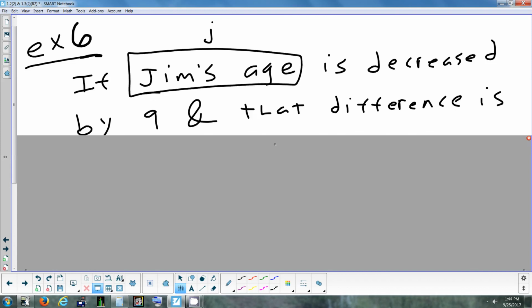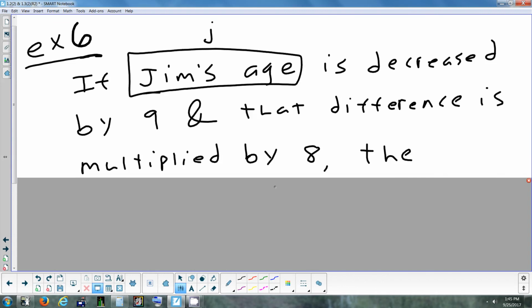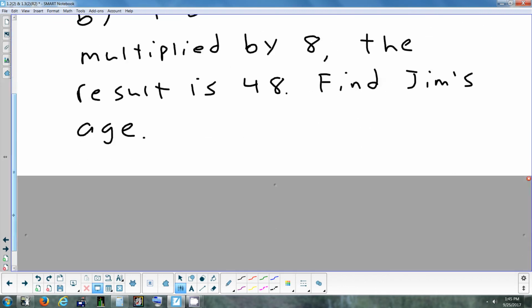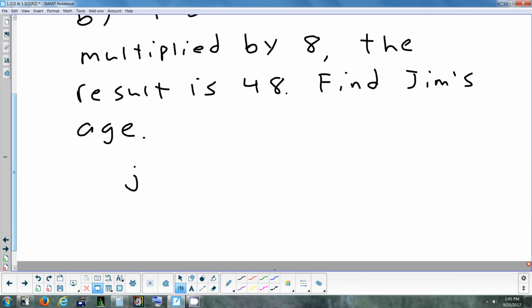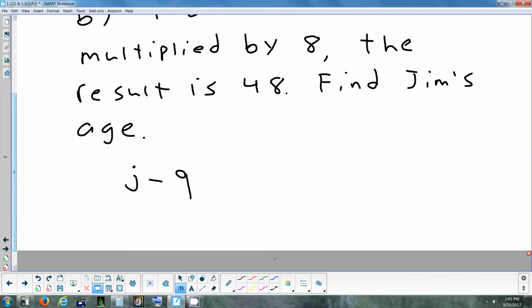Okay, so Jim's age is decreased by 9. How would you write Jim's age decreased by 9? Sophia? -9. Okay, we're going to come back to the rest of it in a second. Jim's age decreased by 9.